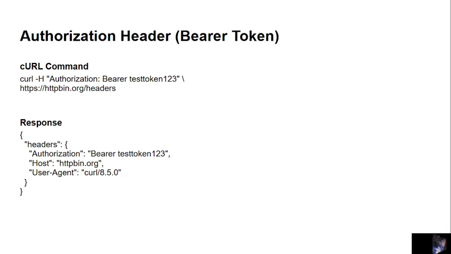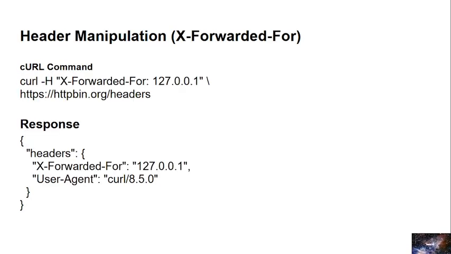Okay. So let me move on to the next one. Header manipulation. So you see here, curl -H, that's the header, then X-Forwarded-For with localhost there, then the URL of the server, and you receive this kind of response.